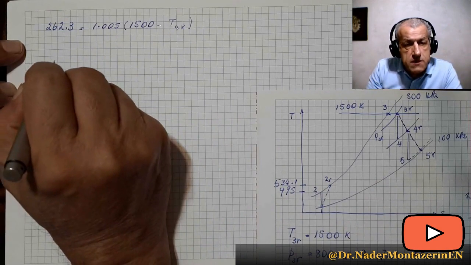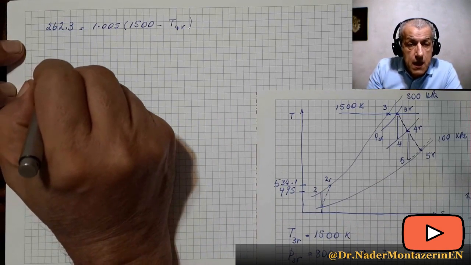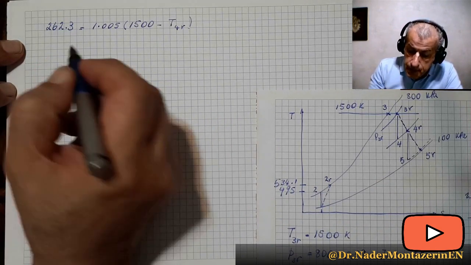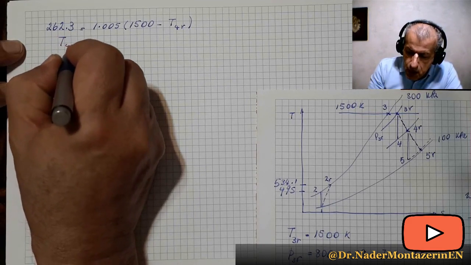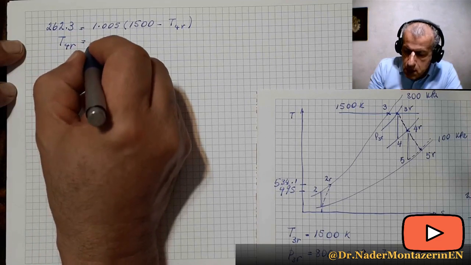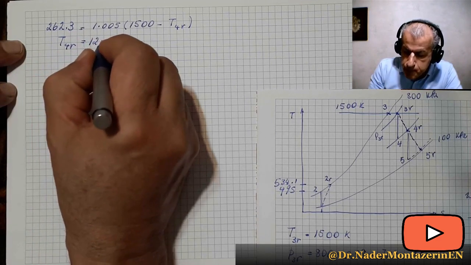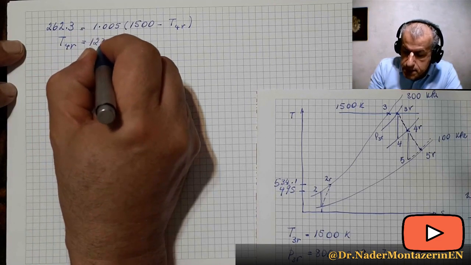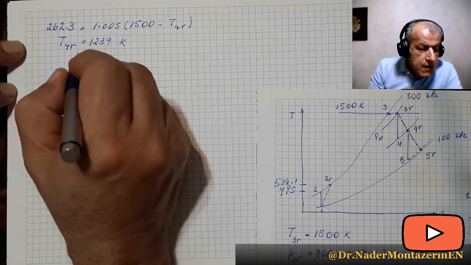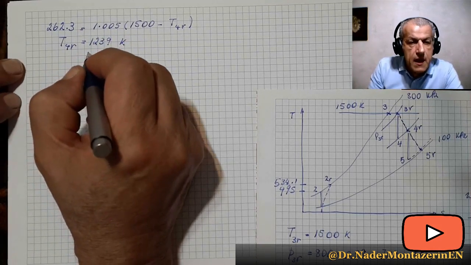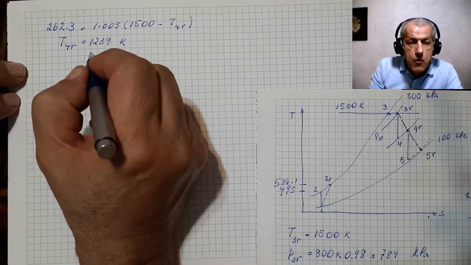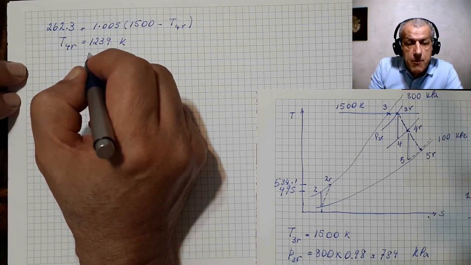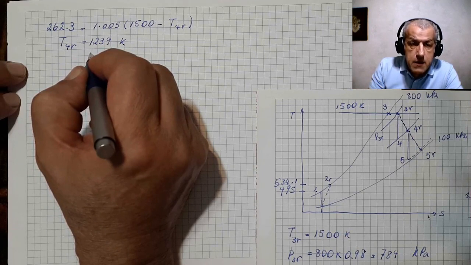And that would give us T4R, which is the exit temperature for the real turbine. So T4R would equal 1239 Kelvin. 1239 Kelvin.